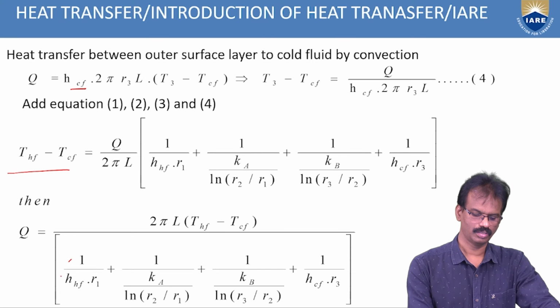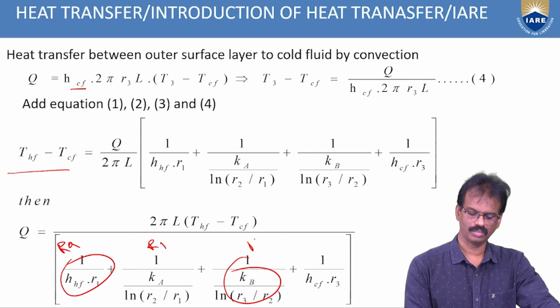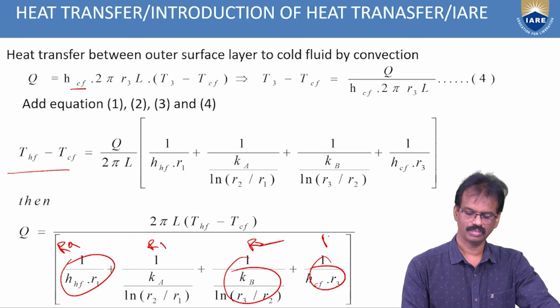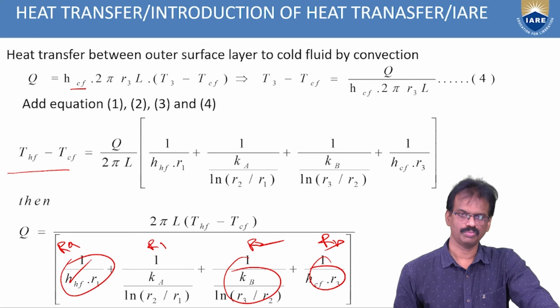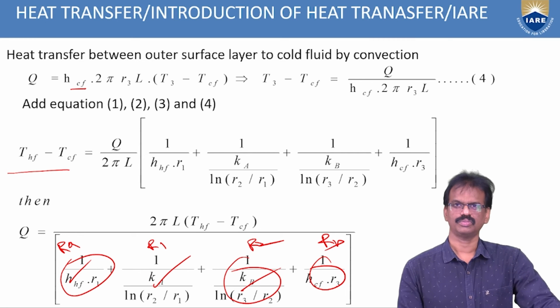This is RA, this is R1, this one is R2, this one is R3. Thermal resistivity occurs by the convection process, by the conduction process, by the conduction process, and by the convection process.